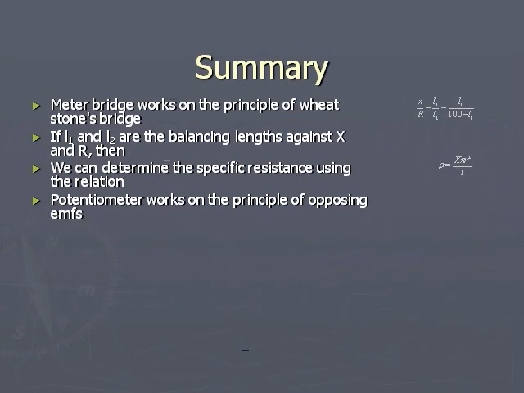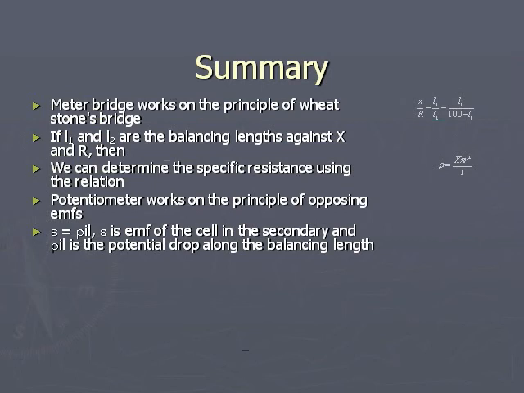Then we go to the potentiometer, which works on the principle of opposing EMFs. The EMF due to the balancing length is rho IL, where rho is resistance per unit length, I is the current in the potentiometer wire, and L is the balancing length. So rho IL is the potential drop across a length L. If this balancing length is obtained for a cell of EMF E, then E will be equal to rho IL.